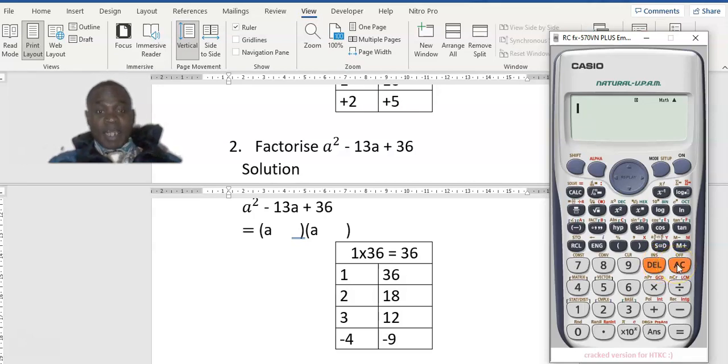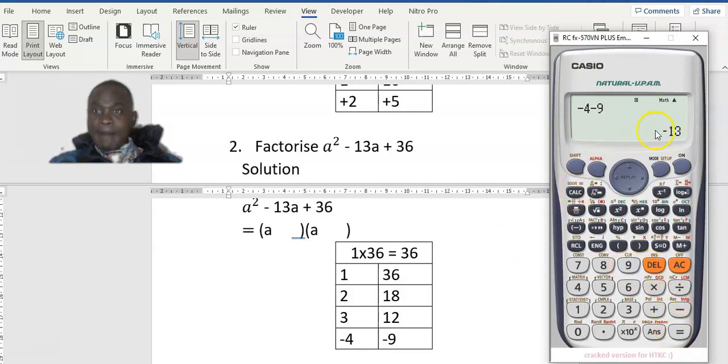So let's see whether 4 plus 9 will give us minus 13. So 4 plus 9 is plus 13. So let's use minus 4 minus 9.